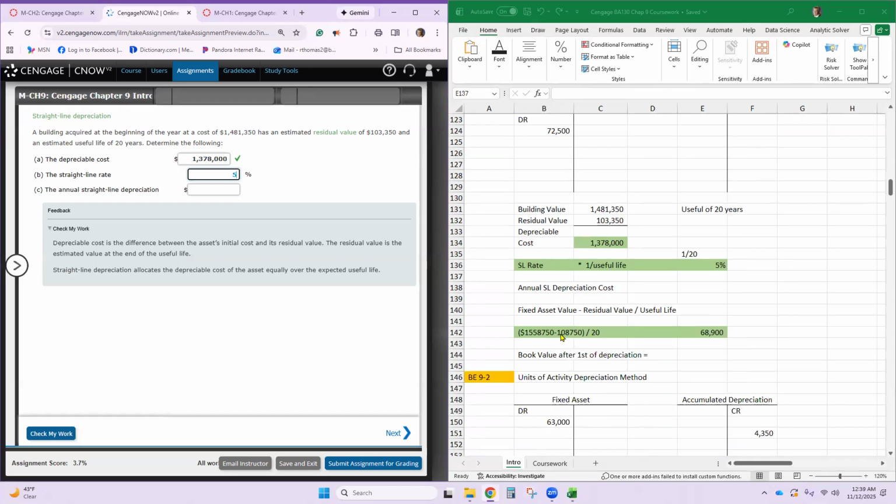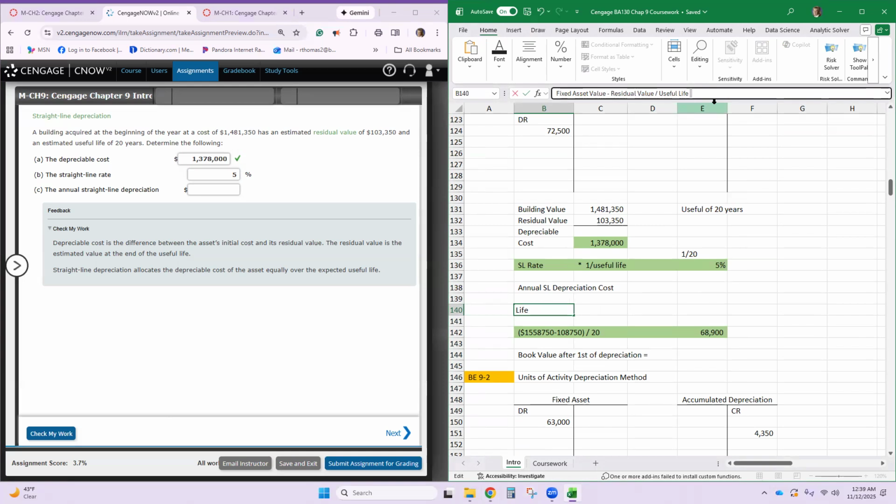All right, so now we're going to take the fixed asset minus the residual value divided by the useful life in years. Usually it's going to be beyond a year. So let me show you what this is going to look like.